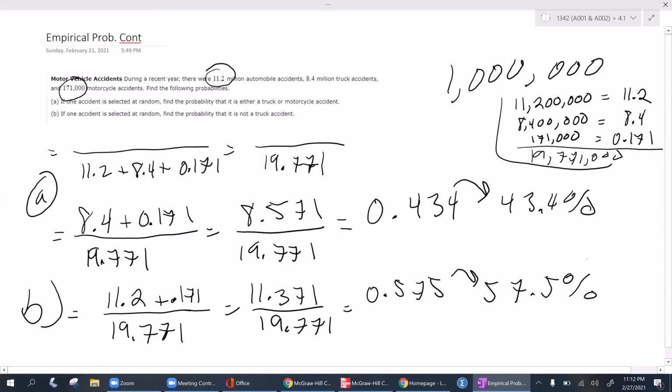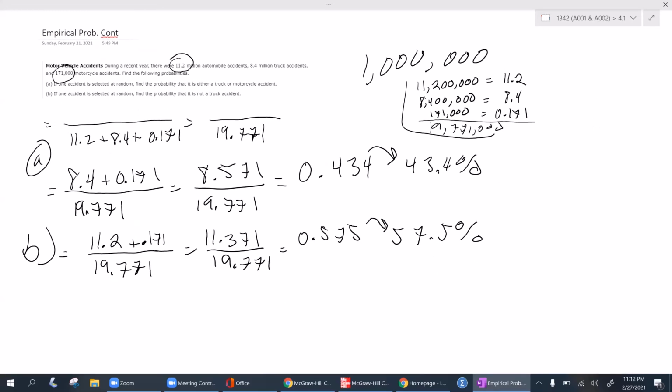or 57.5%. And since it was a not statement, there's another way you can solve this: 1 minus the probability that it is a truck accident. The probability that it is a truck is 8.4 over my total, 19.771.